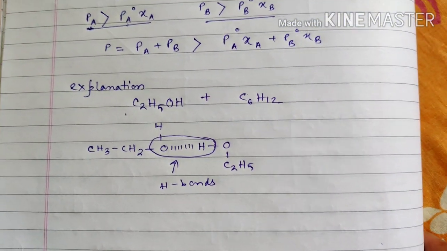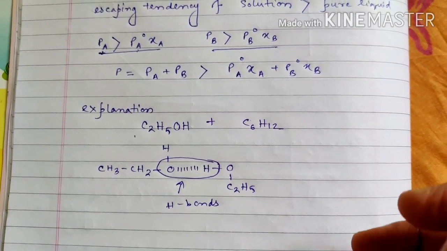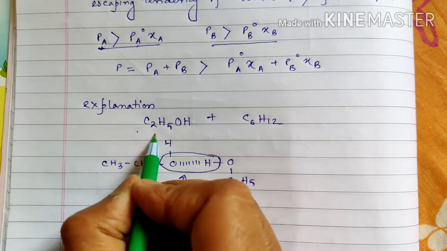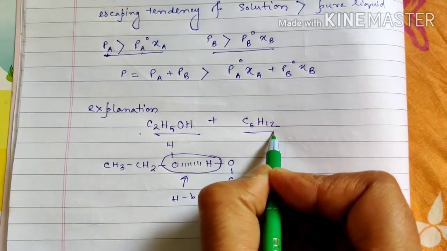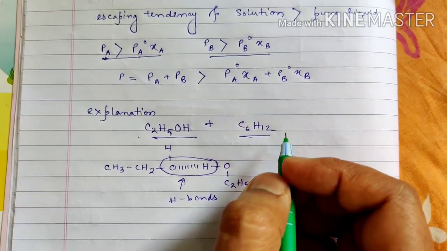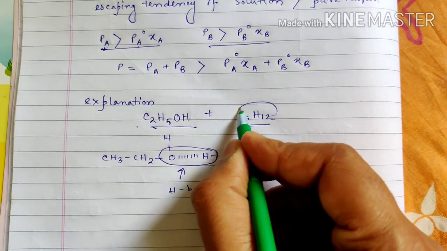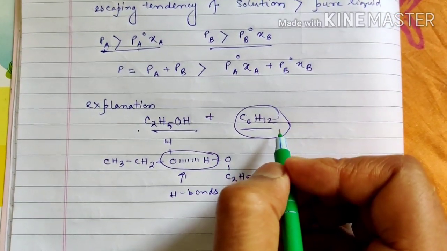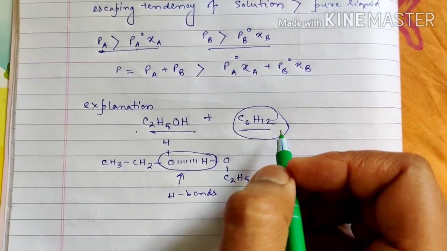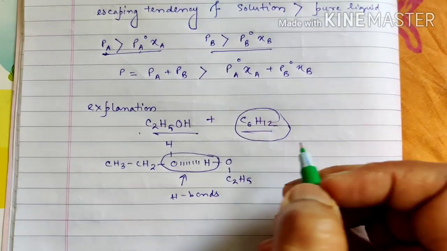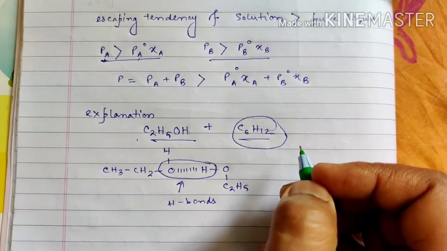Now here we need to understand that when ethanol is mixed with cyclohexane, the molecules of cyclohexane tend to occupy the space between the ethyl alcohol molecules. As a consequence, the hydrogen bonds in the alcohol molecules break.